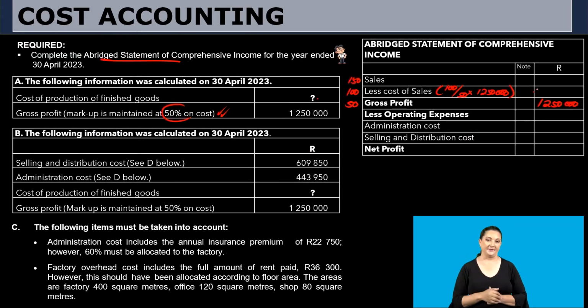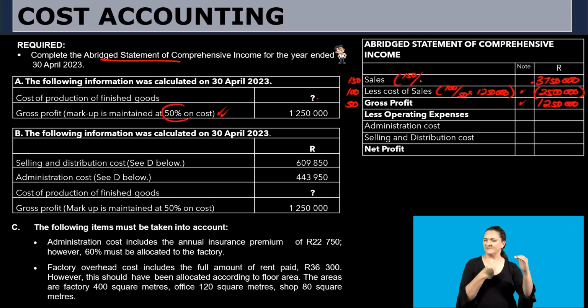So I'll say my cost of sales, I know it must be in bracket, and it is 2.5 million. Very easy. I can just add my gross profit with my cost of sales, and that will give me my sales, which is 3,750,000. Or I could have said what I want is 150, what I have is 50. Then I multiply that by 1,250,000. It would have still given me the 3,750,000.